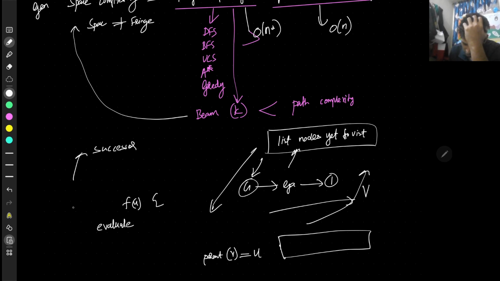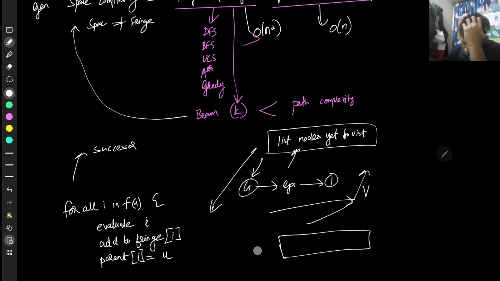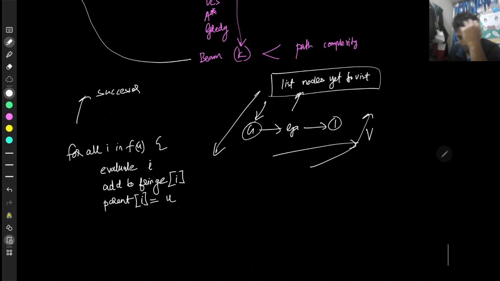For all i in f of u, I will evaluate i, I will add i to the fringe, and then I will update the parent pointer, parent of i equal to u. This is what is actually happening. So this thing you have to maintain, but this was like a hidden thing.